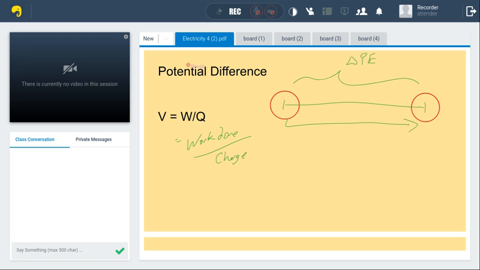Now that's absolutely nothing new if you're very comfortable with the definition of potential difference. If you're comfortable with the idea of the ball that you were lifting in the gravitational field, if you're comfortable with a plus charge being brought closer to another plus charge, and I really did prattle on about it 2 weeks ago about how important it was. If you were comfortable with that, then voltage V being W over Q is absolutely fine, because it's just W, the work done, because it's a difference in energies, per charge.